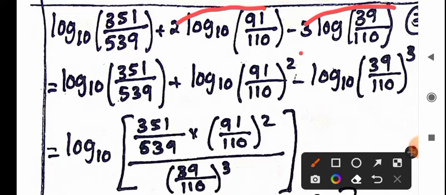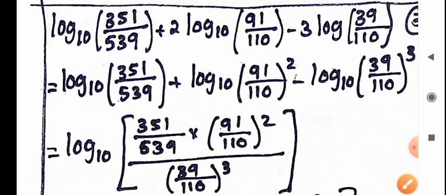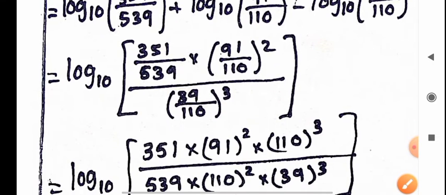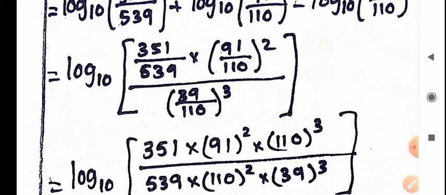Now using product rule and quotient rule, log 351 by 539 into 91 by 110 square upon 39 by 110 cube.